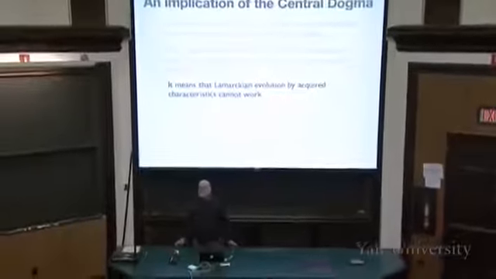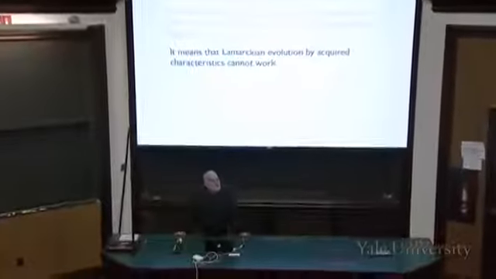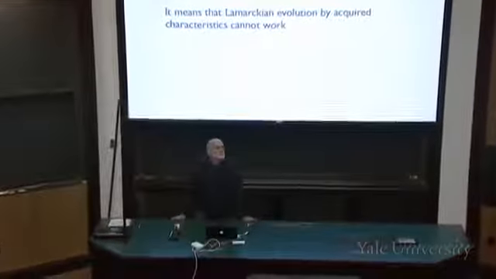Now, the implication of that is that evolution of acquired characteristics won't work. In other words, if during my lifespan I acquire a healthy tan, my child will not inherit it because the information on tanning isn't going to go back into my genome and get transmitted to my kids. If I develop calluses on my feet, they will not be transmitted.